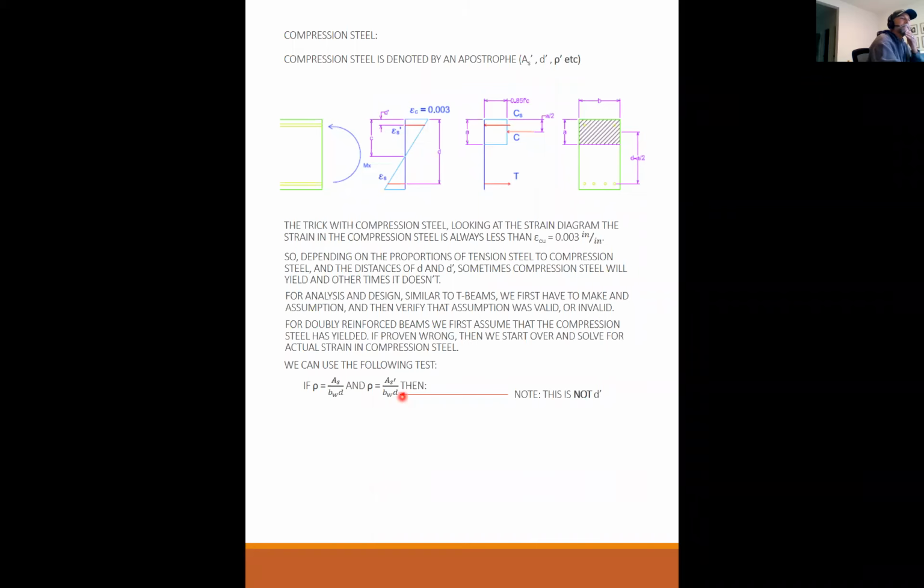But this d is not d prime. So when we evaluate rho and rho prime, it is the A s or A s prime over b w d. Both of them are b w d. Okay, so this is not a typo. That's not supposed to be d prime. Okay, yeah, so with my typos, everybody clear? Rho prime is equal to A s prime over b w d. Yep.